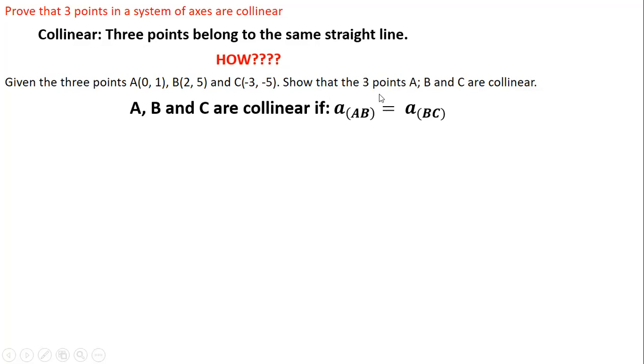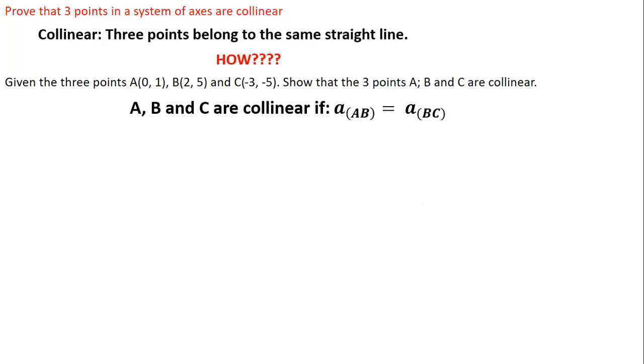Who can remind me what is the rule of the slope of a straight line AB that we studied in coordinate system 1, or coordinate system 2? Who can remind me of the rule of the slope of line AB? Do you remember, Hadi? How do we find the slope of the line, Hadi? YA minus YB over XA minus XB. Bravo, this is the rule for the slope of a straight line.